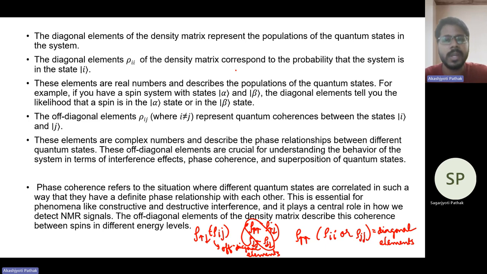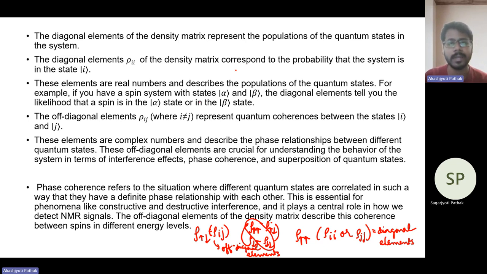So I hope these points are clear to you. The density operator is basically an n cross n matrix. So what is n over here? N is the number of states that are possible for a spin nuclei.